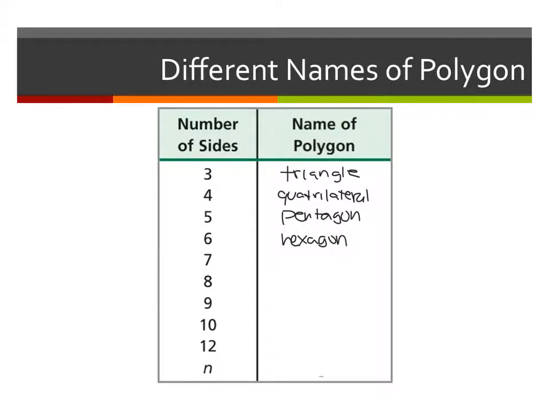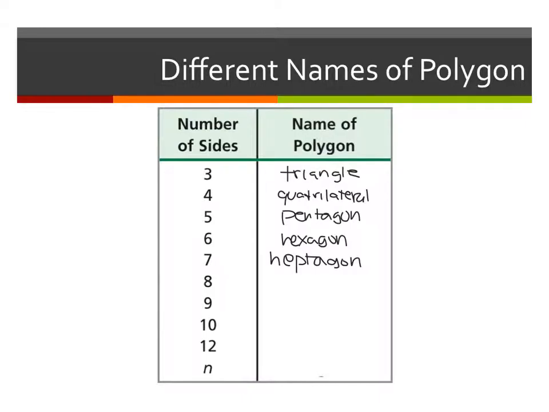Ooh, this is gonna get some of us. 7-sided polygon. Just yell it out. I hear septagon. Heptagon. Why did you get heptagon? It is called heptagon.